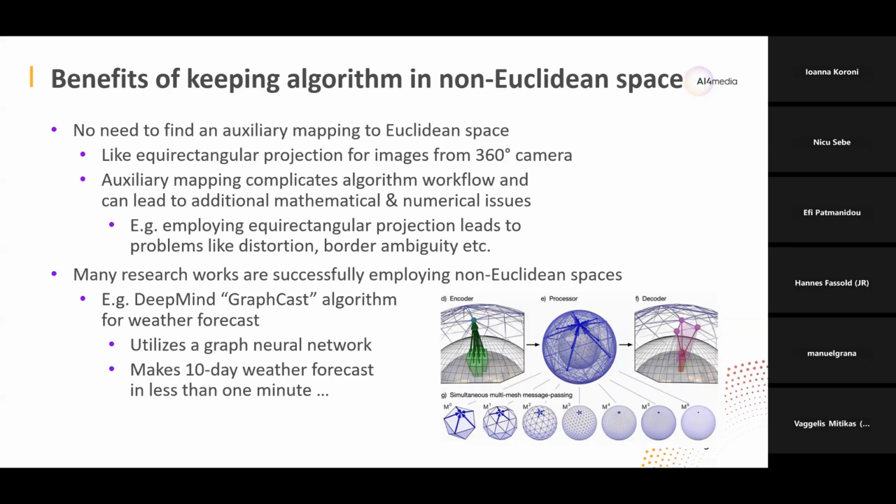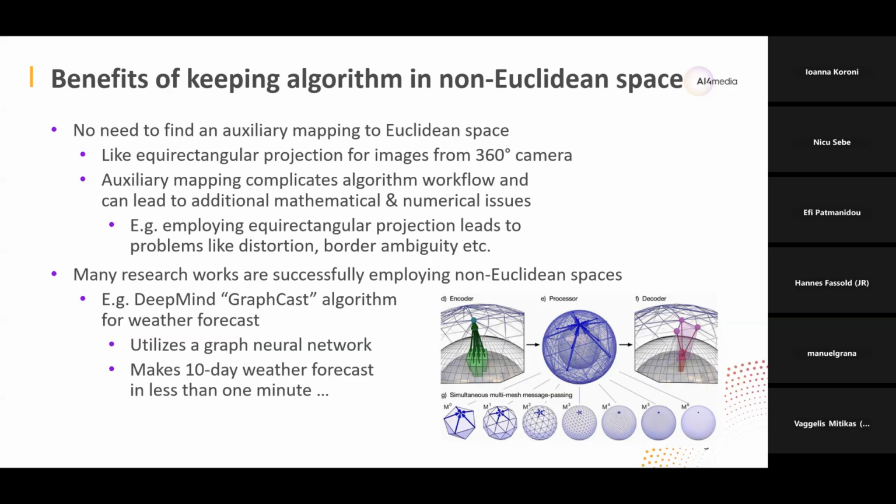For example, when you're employing equirectangular projection, I suppose you have seen those captured images already. You have distortion in the image in equirectangular projection, especially towards the upper and the lower border of the image, so towards the poles of the spherical image.